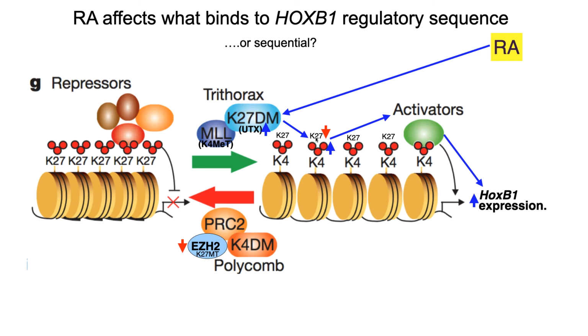That's the epigenetic mark that attracts an activator, which then attracts the transcriptional complex, which turns on HOXB1 expression. And so we've gotten rid of UTX and showed that there is an increase in trimethylation of K27 when compared to a cell that does still have UTX.